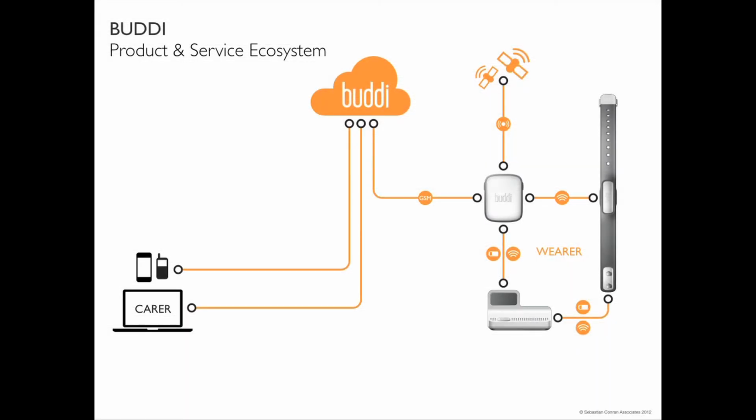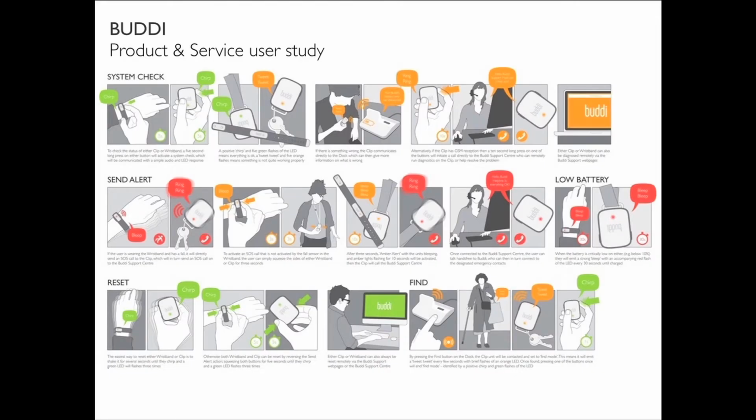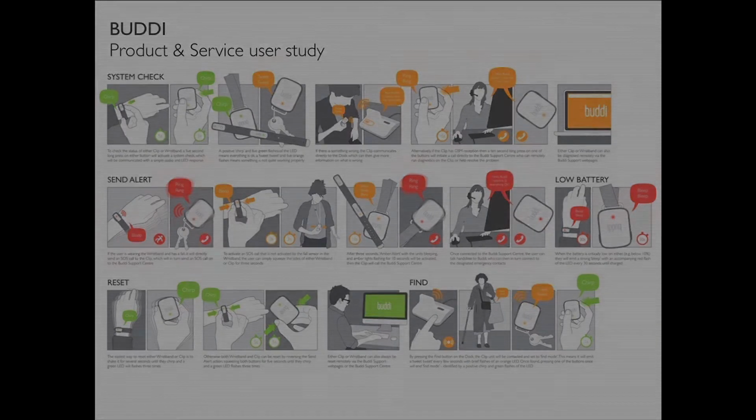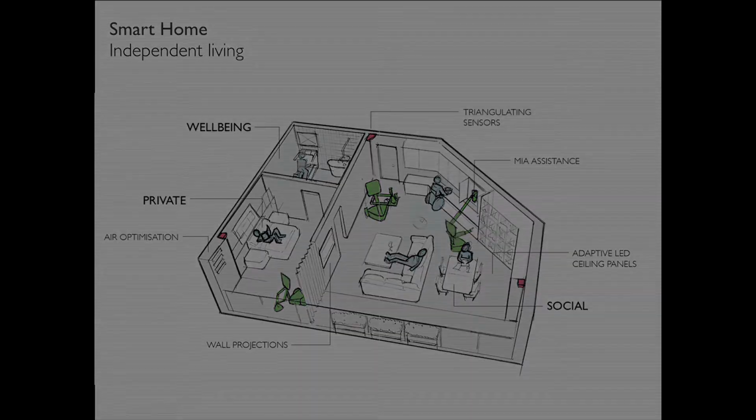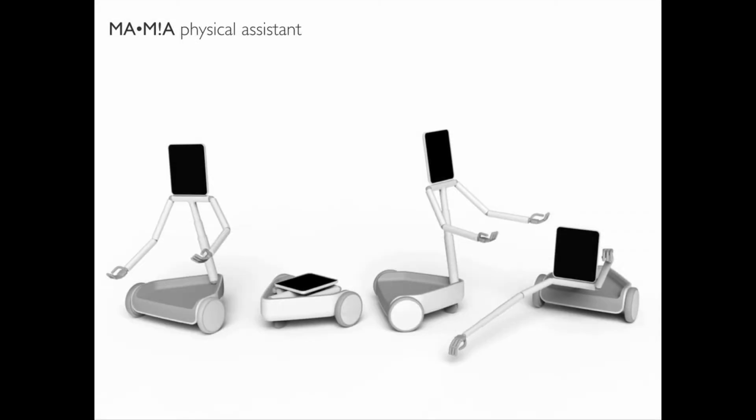And what it meant is that the wristband only needed to be charged every 24 days, and the clip only needed to be charged every 24 hours. So it's sort of thinking that way, and to do this we produce quite a lot of user studies, and we storyboard how things are going to be approached. And then we're looking at smart homes and independent living, and this leads us on to thinking about designing robots.